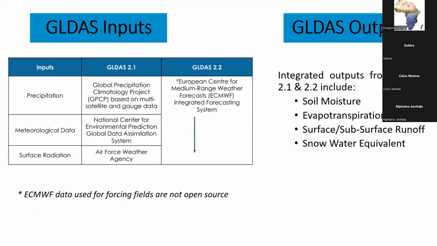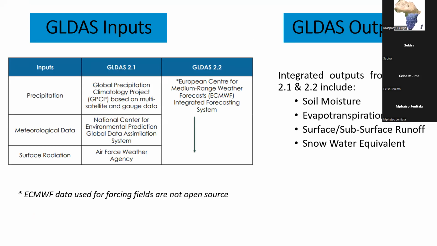All right. Now, if you look at the inputs, the model uses precipitation, as I mentioned. It also uses surface radiation and all that, but what is important is that it gives us soil moisture. It gives us evapotranspiration as output. It also gives us surface runoff.